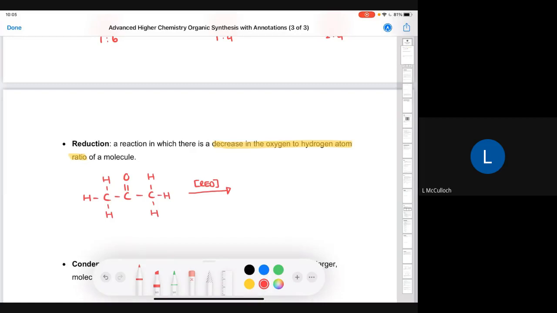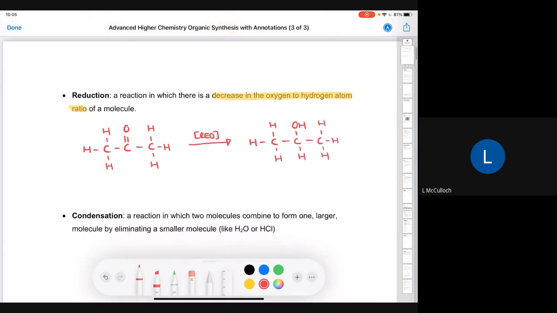So what will happen in our reduction reaction is we will convert the carbon double bond oxygen into a hydroxyl group, so an O to H, and then because we've broken the carbon to oxygen double bond, that leaves some space for another hydrogen to be added on. So we end up with something that looks like that.